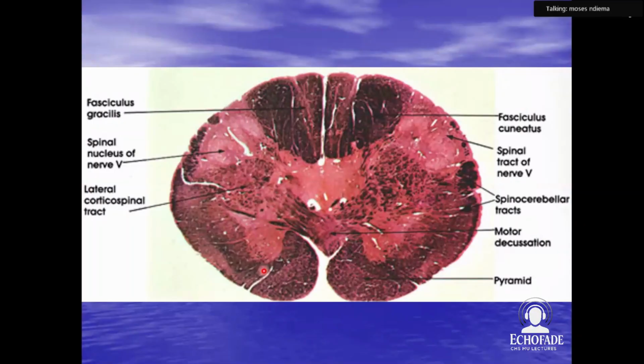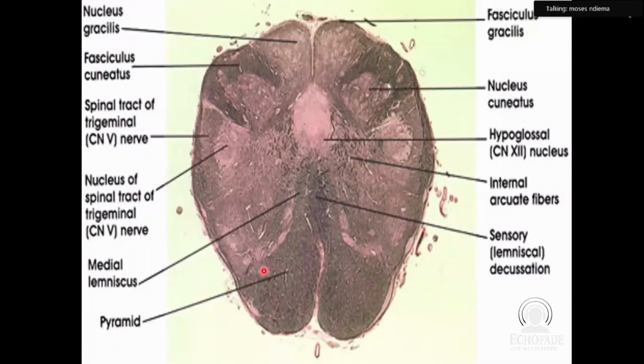As we move more cranially, again in the tegmentum, we have origin of the cranial nerves, the hypoglossal nerve, which is purely motor, originating very close to the midline, and then the others, the mostly sensory, originate from the lateral part.